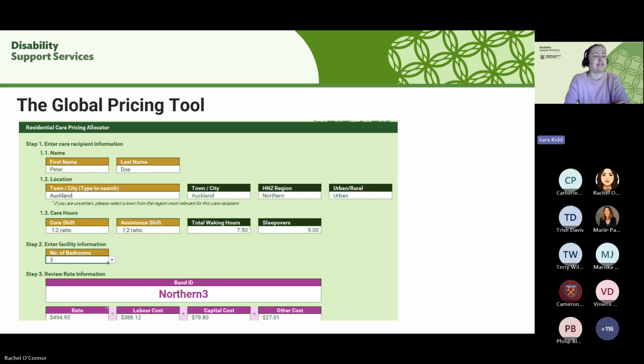The information that you see in front of you is for a fictional person, Peter Doe. So as you can see here, the outputs from the band allocation tool, which are the person's name, the location, the care hours, and the facility information, are all considered together to generate the closest matching rate within the new funding schedule. In this case, the global pricing tool has generated Northern 3 based on the inputs that are entered here.